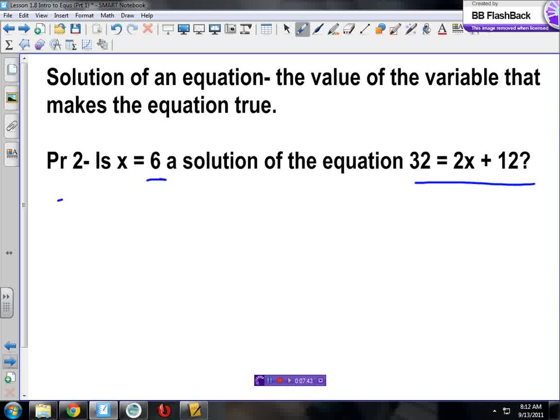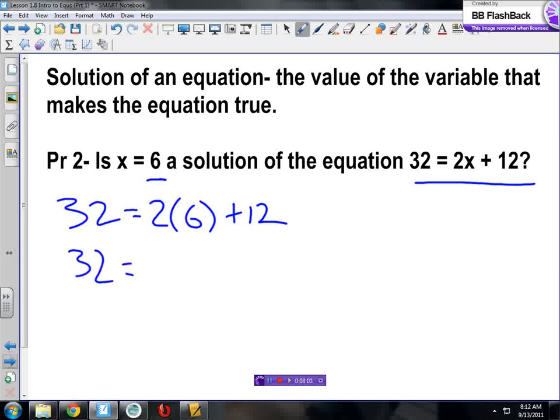So I'm going to rewrite that. 32 is equal to 2 times 6 plus 12. All right, so let's do that right-hand side. And let's ask Colton, what am I going to do first? Let's do order of operations, right? 2 times 6 is 12.